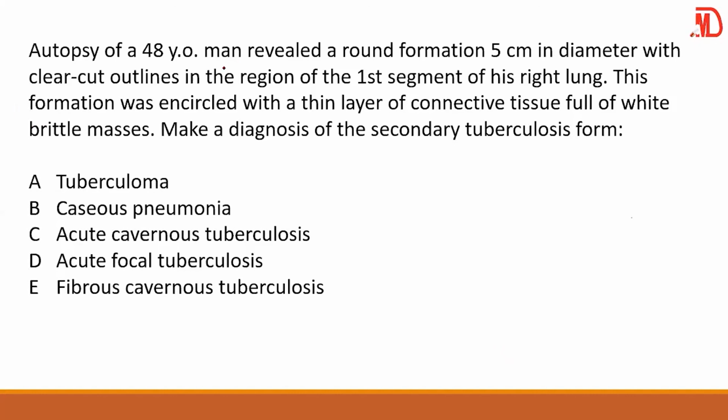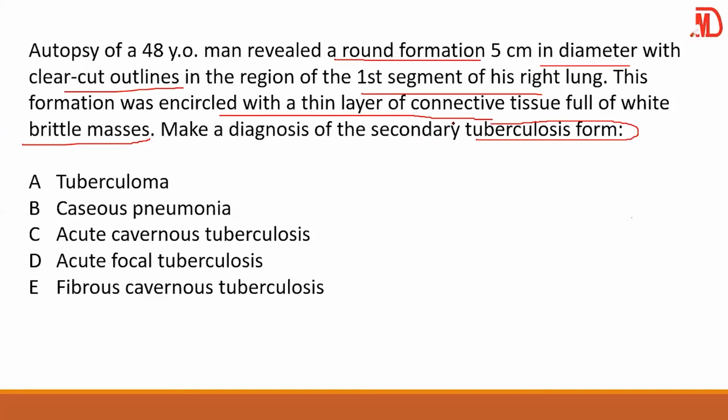Autopsy of a 48-year-old man revealed a round formation, 5 centimeters in diameter, with clear-cut outlines in the first segment of his right lung. The formation was encircled with a thin layer of connective tissue full of white, brittle masses. Make a diagnosis of secondary tuberculosis form.